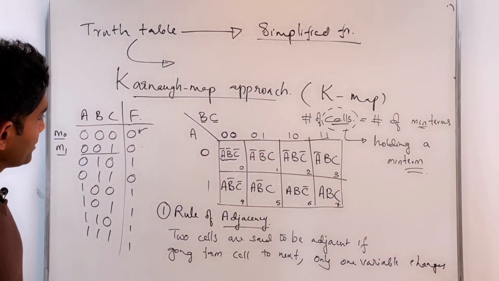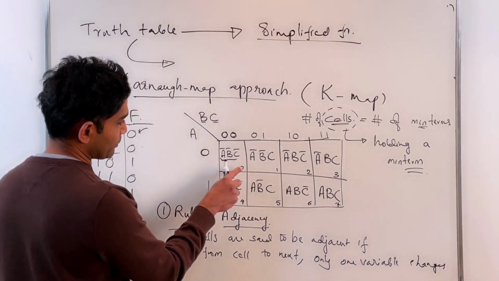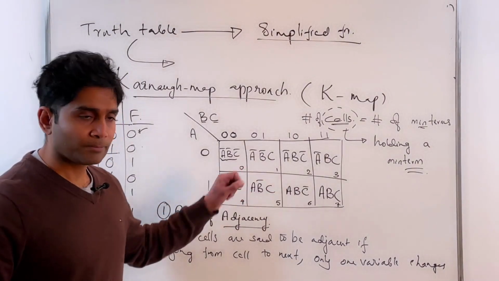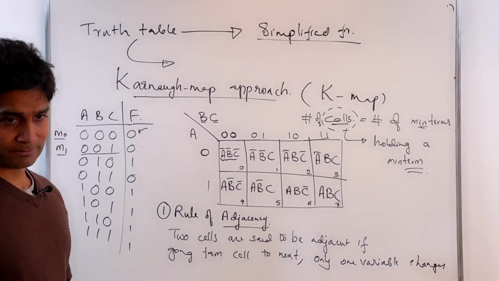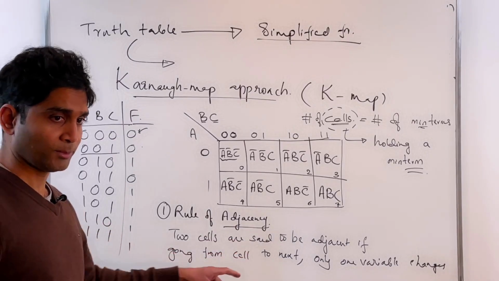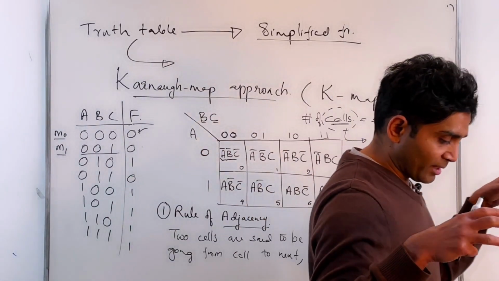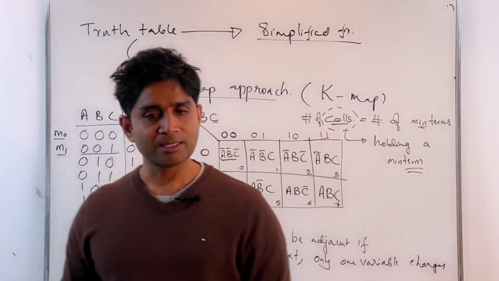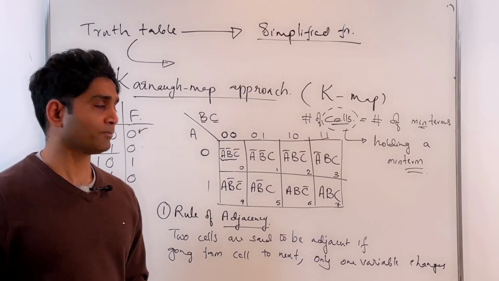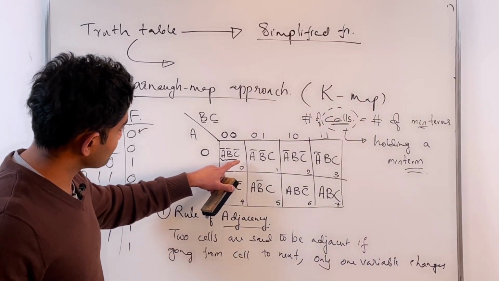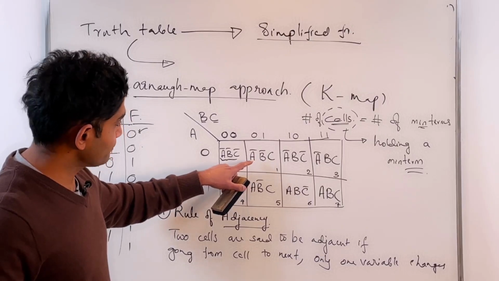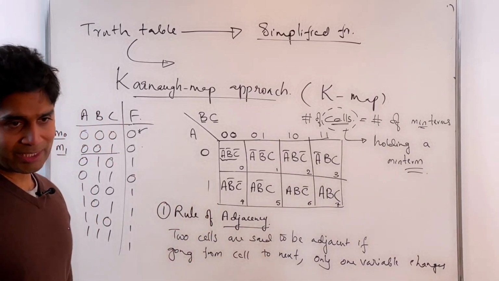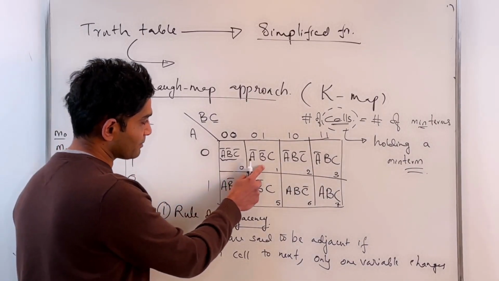Okay. Now, let's take this example of the minterms or the cells 0 and 1. Are they adjacent according to this rule? Of course, they are. They are touching each other. They're next to each other. They're physically adjacent. We can already see that. But are they adjacent according to this new rule? Here I have the minterm A prime, B prime, C prime, and the minterm A prime, B prime, C. And I can see that only one variable changes when I go from this cell to the next cell.